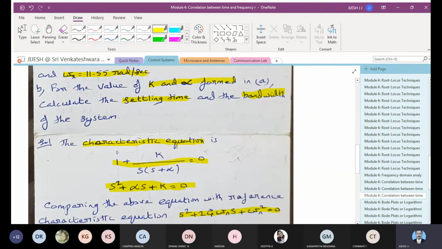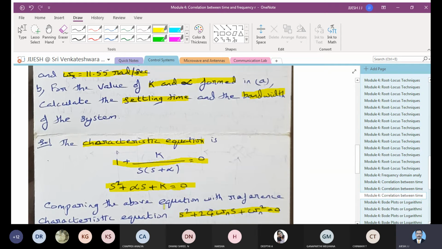It is clearly mentioned that it is a negative feedback second order system. So you can write the reference equation s square plus 2 zeta omega n s plus omega n square. Now you have the characteristic equation s square plus alpha s plus K is equal to 0, and the reference equation s square plus 2 zeta omega n s plus omega n square is equal to 0.